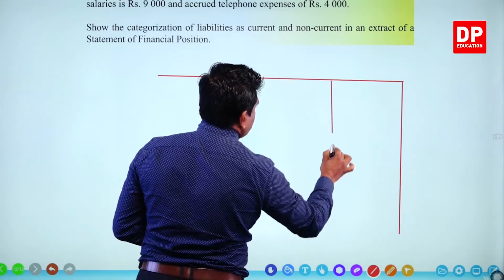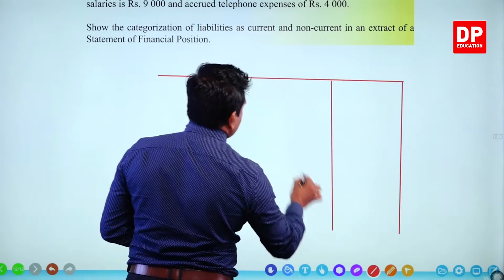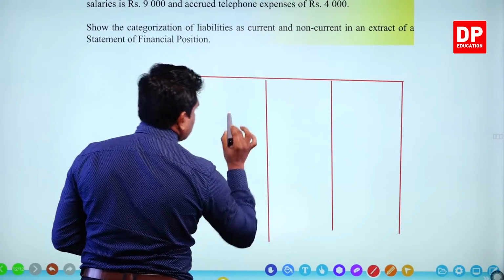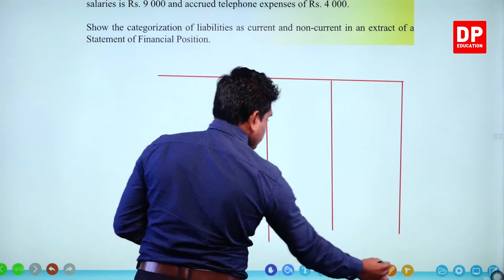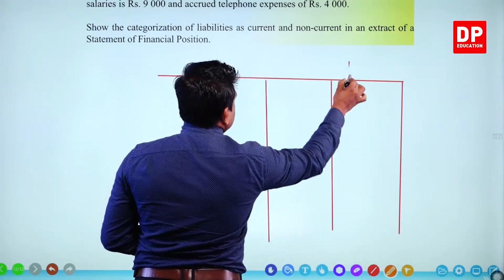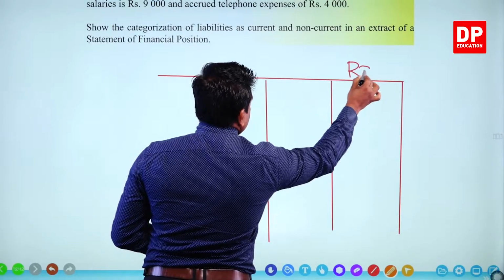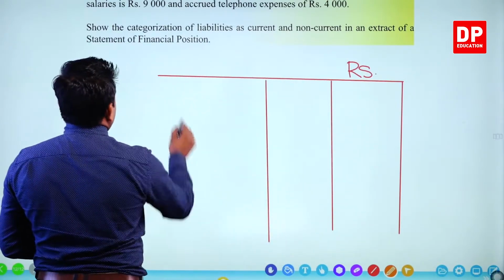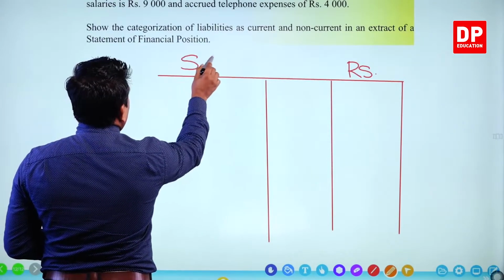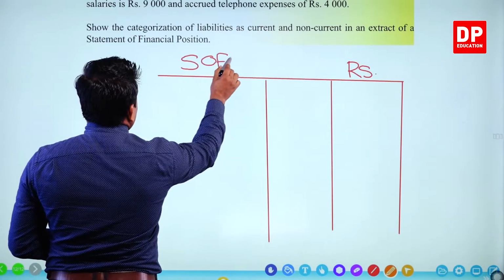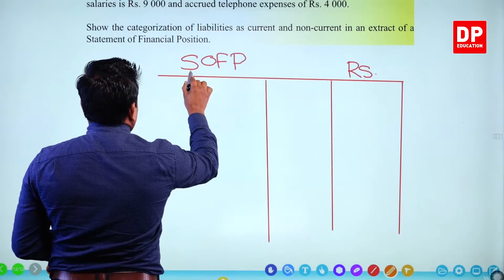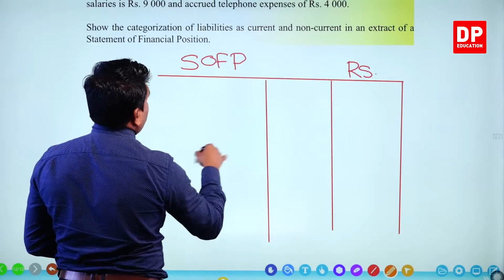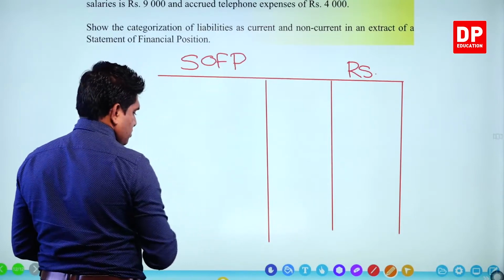I draw 2 columns. In one column I put the values one by one. The total we bring to the second column, right? Here, on the top you write rupees, right? Statement of financial position, SOFP.